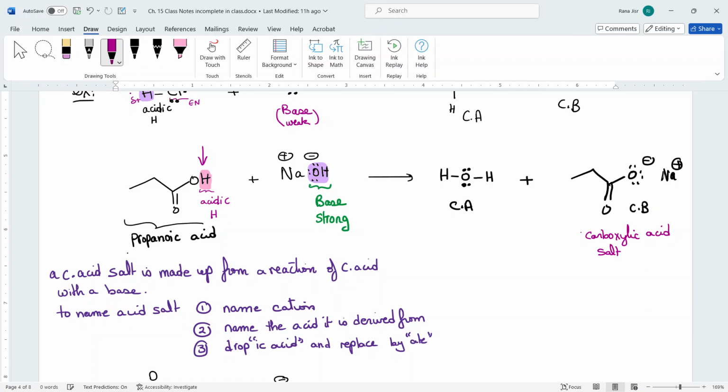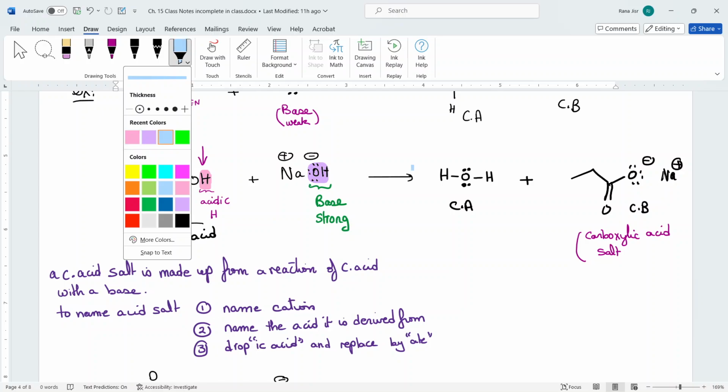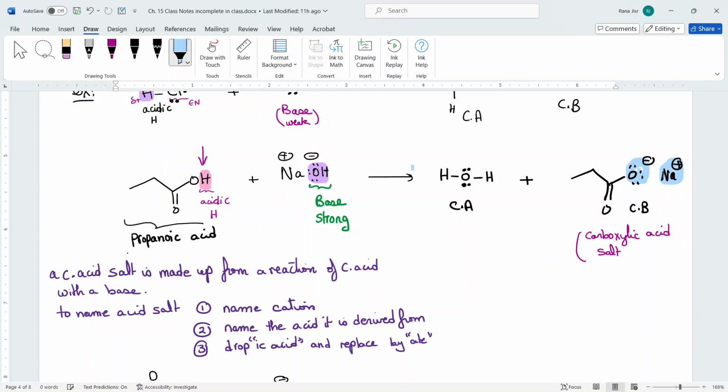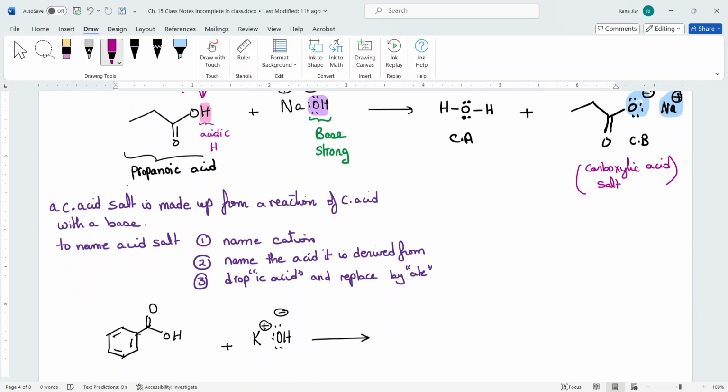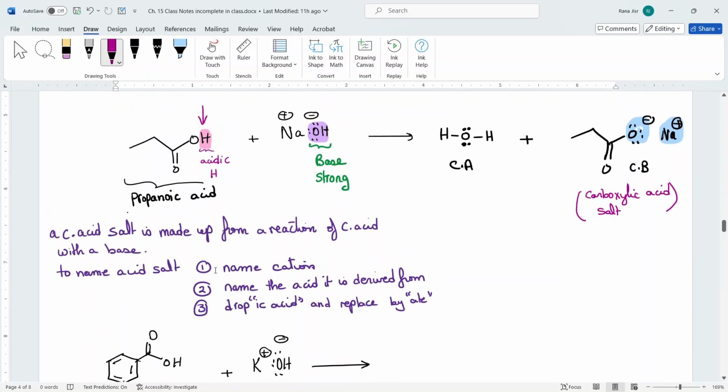Why do we call it salt? We call it salt because of the charges that it has, because of the negative and positive charges. This is a salt. It comes from an acid in there. So I have to name it as such. I have to name it as a salt. So if I want to name the carboxylic acid salt, these are the rules that I would need to follow.